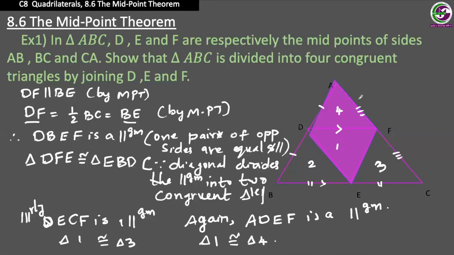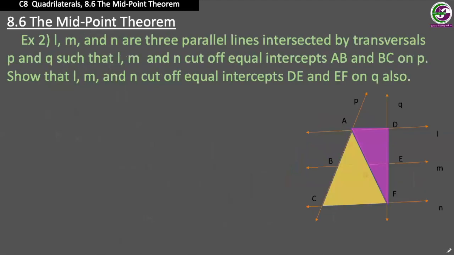Therefore, the whole triangle ABC is divided into 4 congruent triangles. Let's move on to another example.